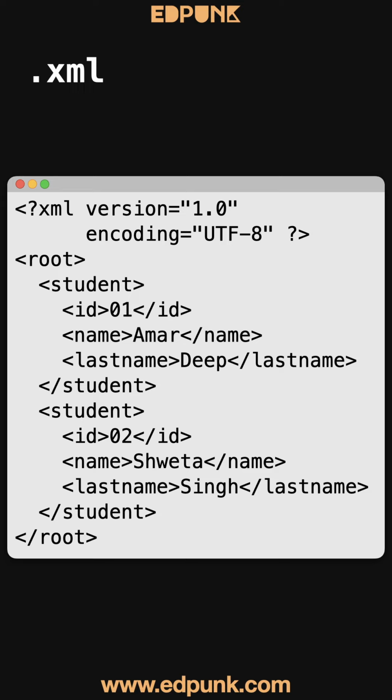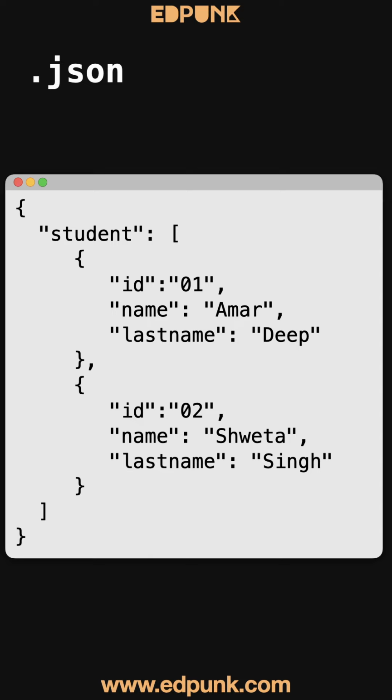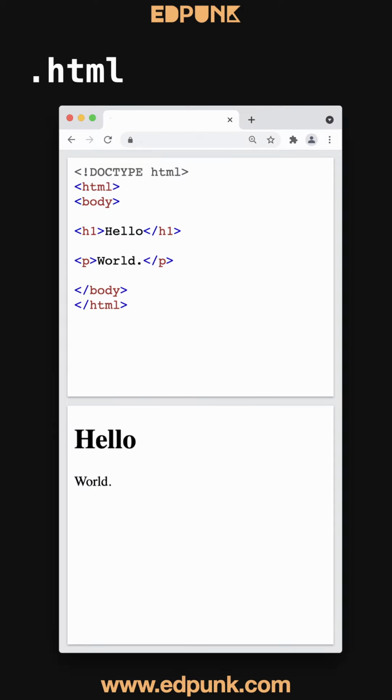XML files have the extension .xml. It is a popular data exchange format which can store hierarchical data. JSON is currently the most widely used web data exchange file format. HTML files are text files with contents written in the hypertext markup language designed to display contents in a web browser.